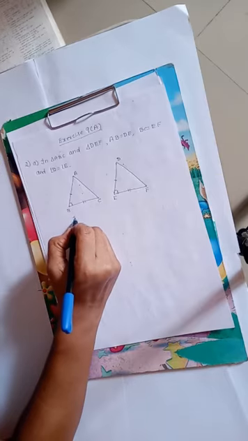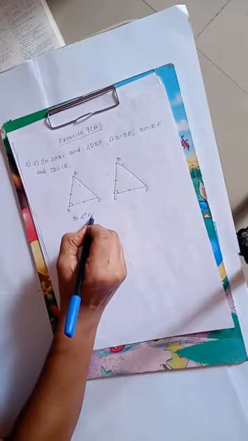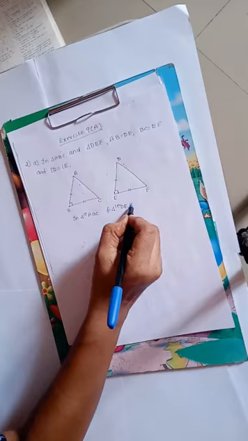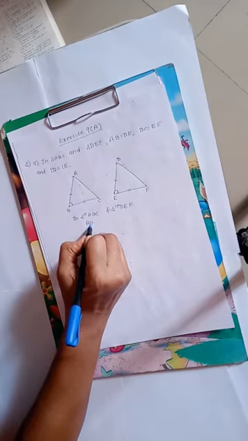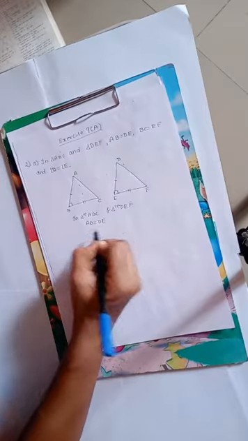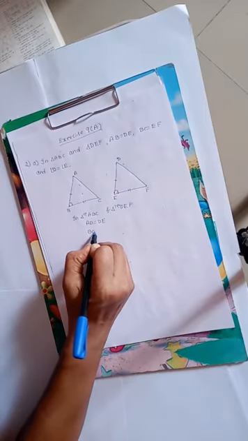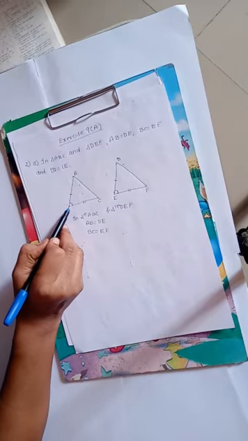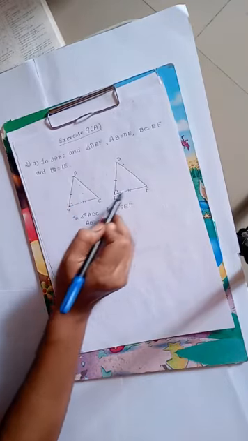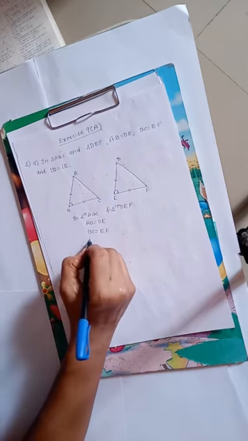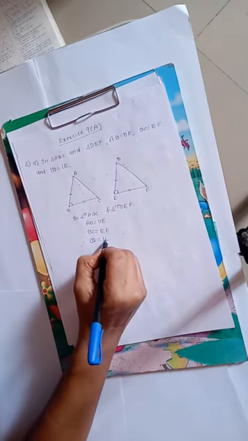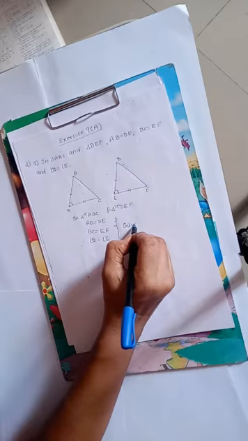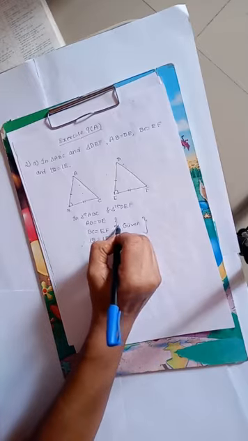Let's write down. In triangle ABC and triangle DEF, what is given is AB is equal to DE, next BC is equal to EF. For these two sides the included angle is B and for the other two sides the included angle is E, that is angle B is equal to angle E. Now you can tell from all this given data.